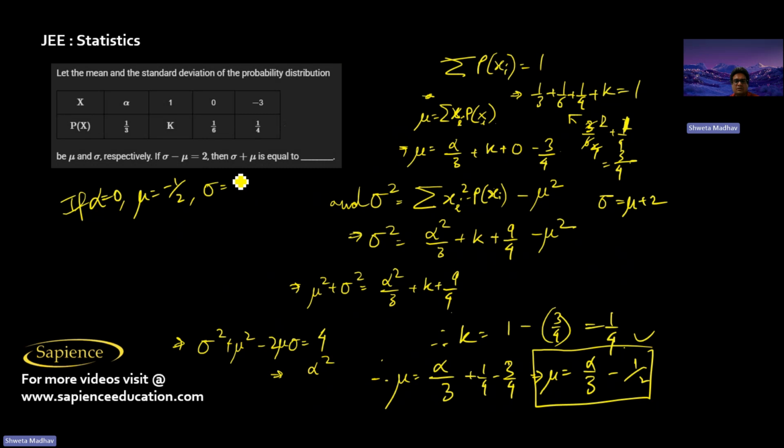So 2 minus half, that is 3 by 2. Then sigma plus mu would be equal to 3 by 2 minus 1 by 2, that is 1.